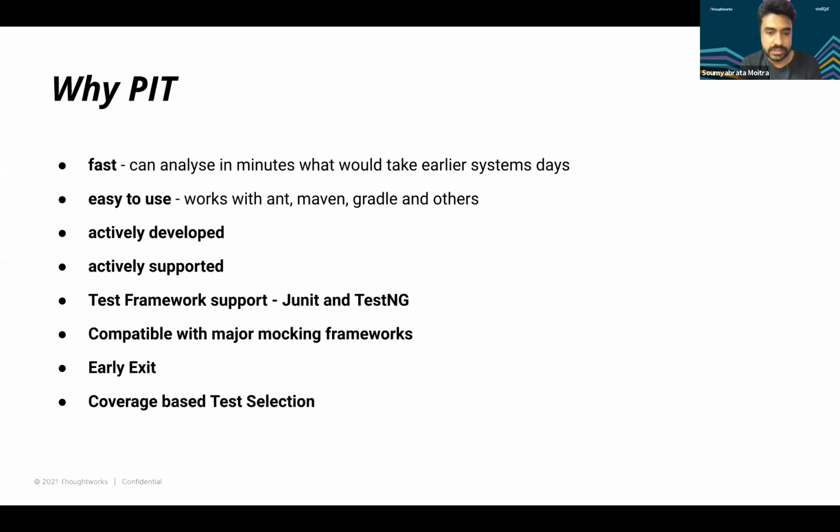Only those unit tests which are covering or executing that particular line will be selected to run against that particular mutant. So this is also called coverage-based test selection, which PIT is using to again optimize the execution time.